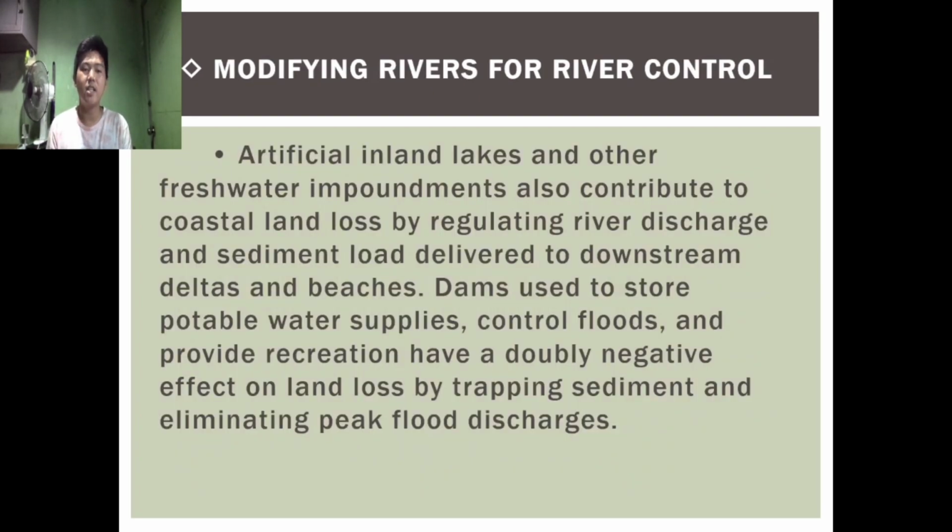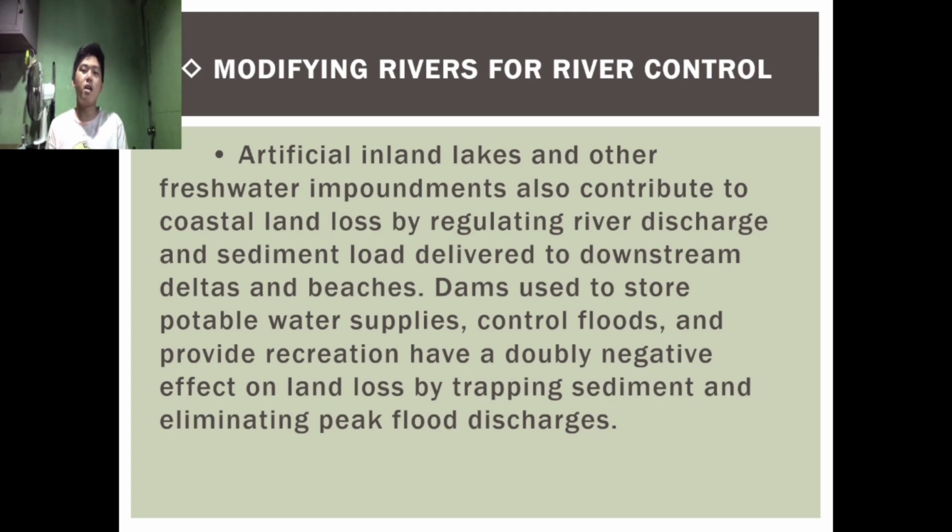Artificial inland lakes and other freshwater impoundments also contribute to coastal land loss by regulating river discharge and sediment load delivered to downstream deltas and beaches. Dams used to store potable water supplies, control floods, and provide recreation have a doubly negative effect on land loss by trapping sediment and eliminating peak flood discharges.